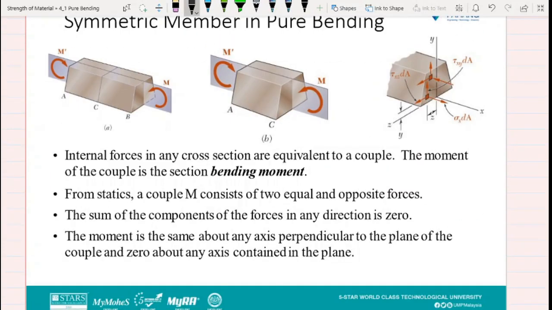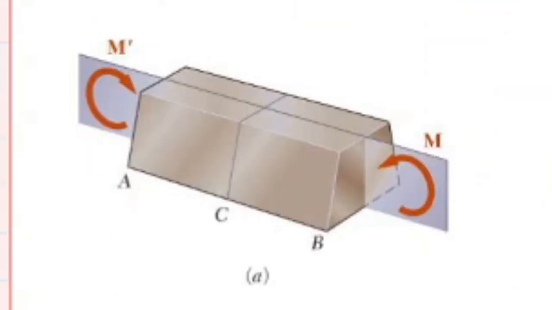Next, we are going to learn about a symmetric member in pure bending. Let's consider a prismatic member AB as shown in figure A here, where this prismatic member AB possesses a plane of symmetry and the member is subjected to equal and opposite couples M and M prime.